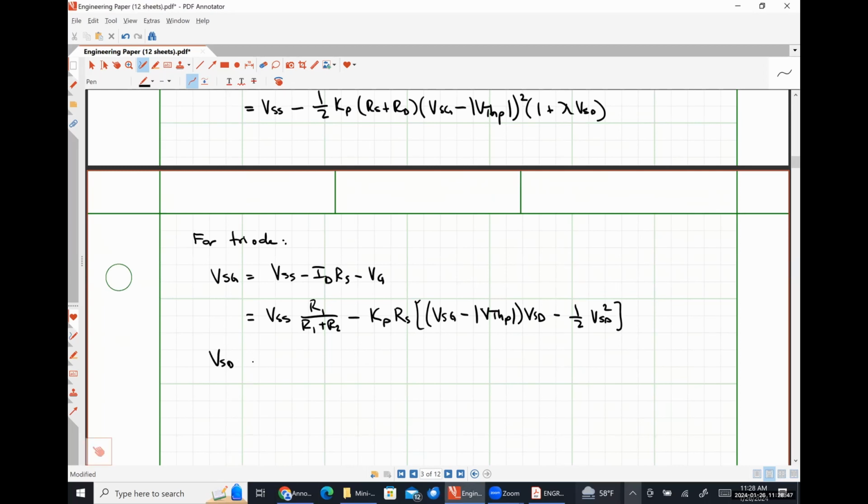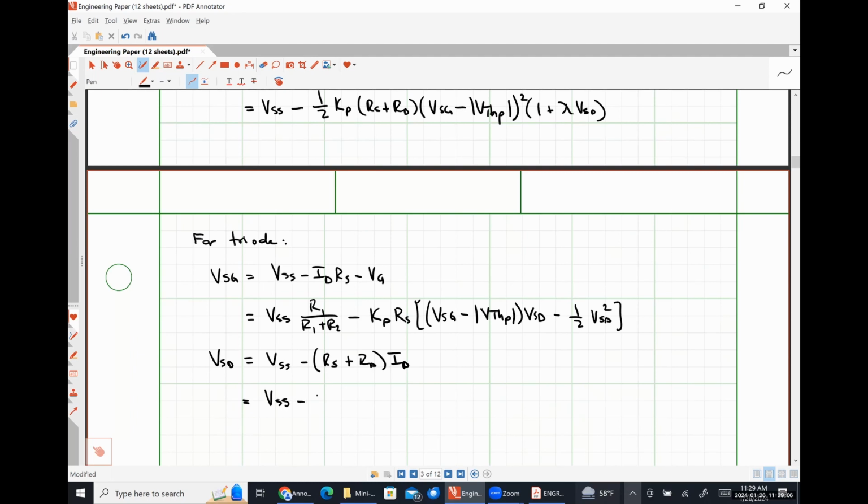And then VSD, once again, is VDD minus RS plus RD times ID. VSS goes there.